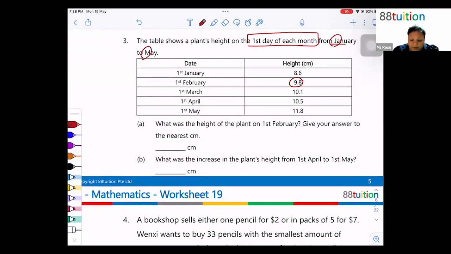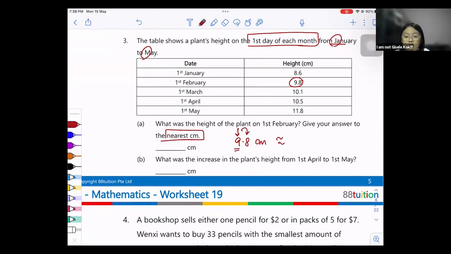How many of you put 9.8? Can you see the last part here? Give your answer to the nearest cm. So you have 9.8 cm. You need to give it to the nearest cm. So if I look at the tenths place, yes, it is rounded off to 10. Thank you very much to Gordon and Dan.